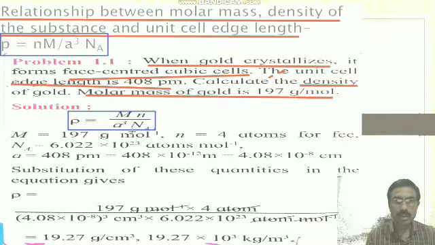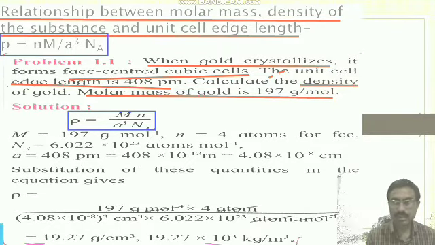Capital M is the molar mass, given as 197 gram per mole. n is the number of particles per unit cell, which is equal to 4 atoms for the face centered cubic unit cell. NA is Avogadro's number, 6.022 multiplied by 10 raised to 23 atoms per mole, and a is the edge length, 408 picometer.